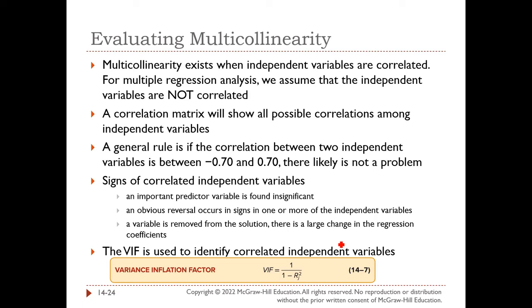So, again, we're going to be looking at this, and the problem is that it may lead to erroneous results in the hypothesis test for the individual independent variable. If we do have this correlation going on, a VIF greater than 10 is considered unsatisfactory, indicating that the independent variable should be removed from the analysis.